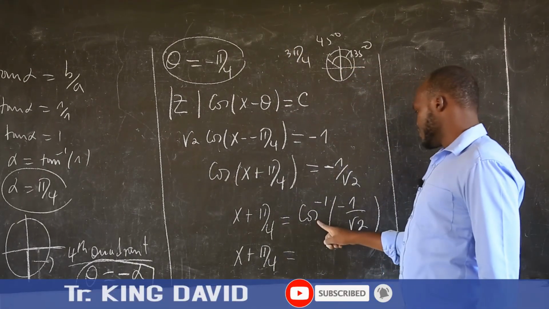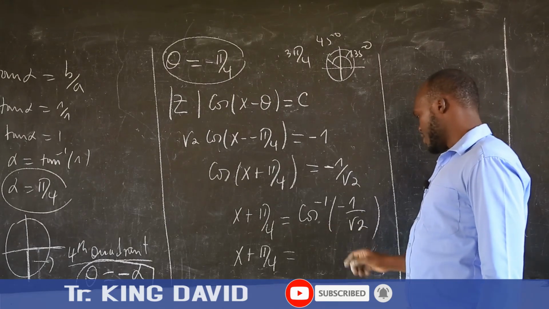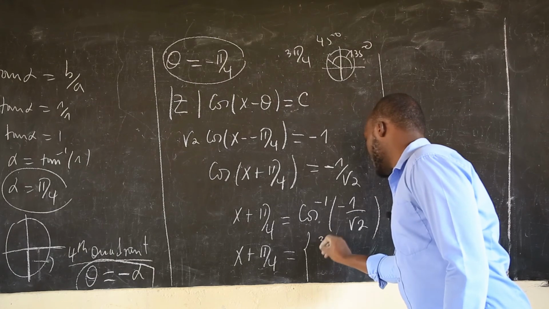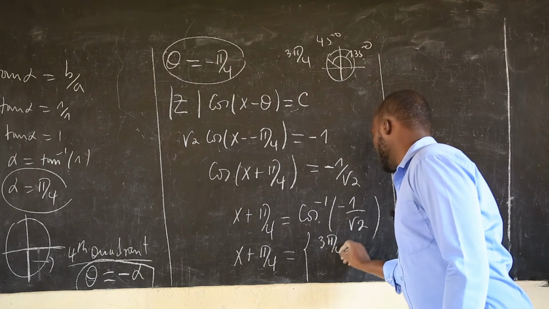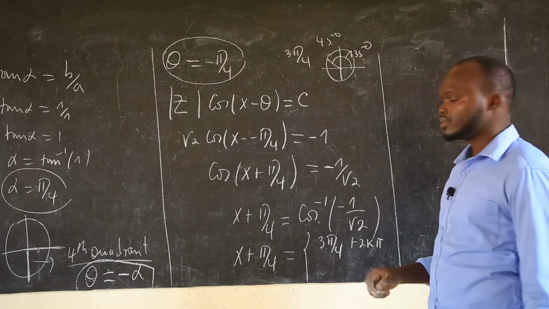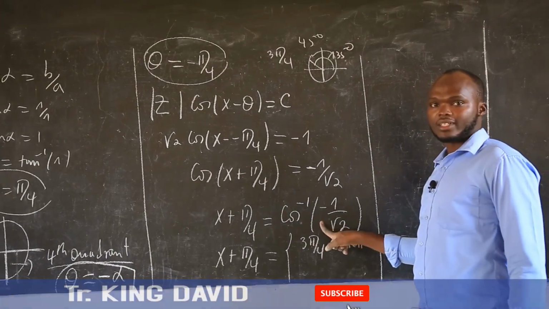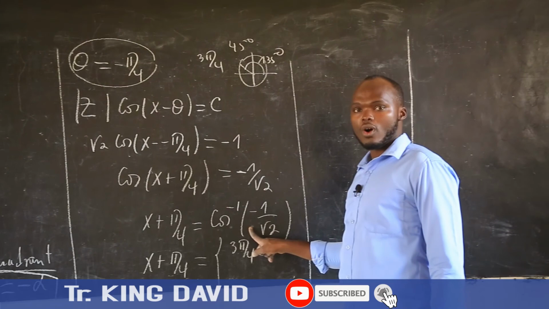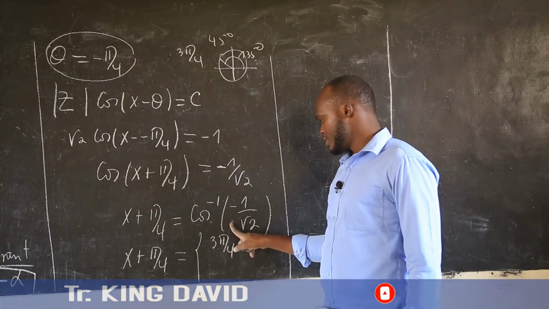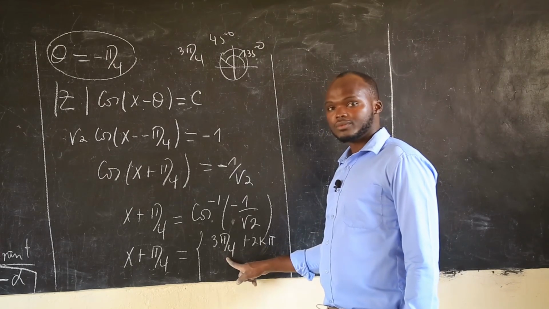So cos inverse of 1 over root 2, the answer is 3 pi over 4 plus 2k pi, or, because it will be in the second quadrant or the third quadrant.